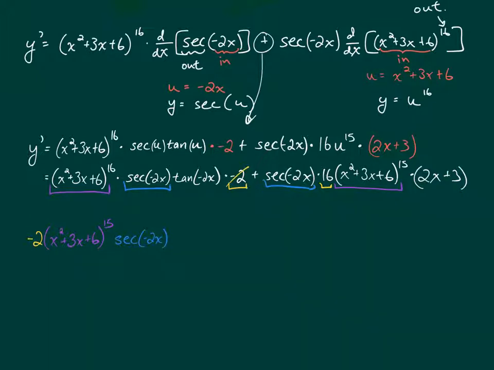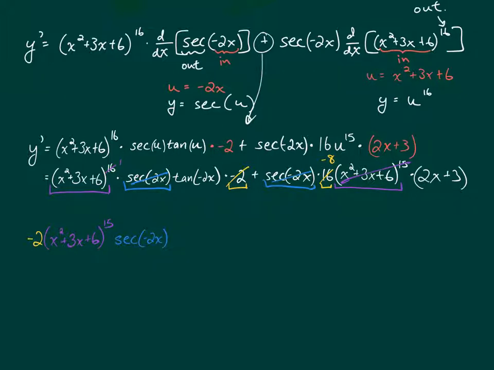So this negative 2 is gone. When you divide 16 by negative 2, you end up with a negative 8. The secant of negative 2x is gone from both of those, and we're left with 1 here, and all of these are gone. So let's see what that leaves us with on the inside.